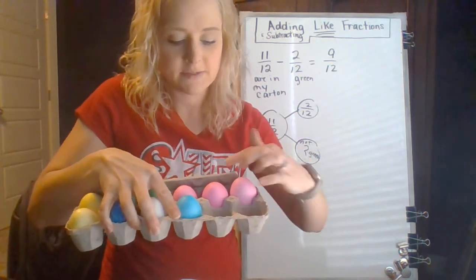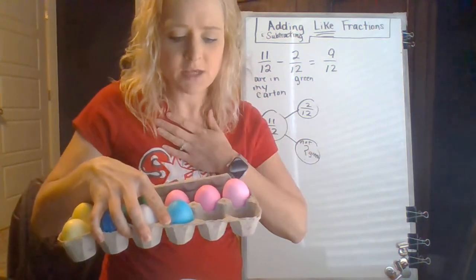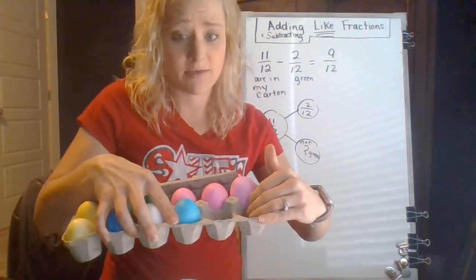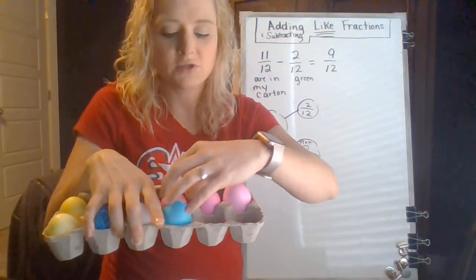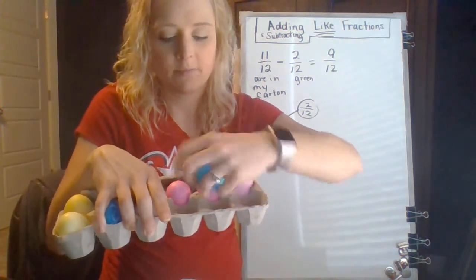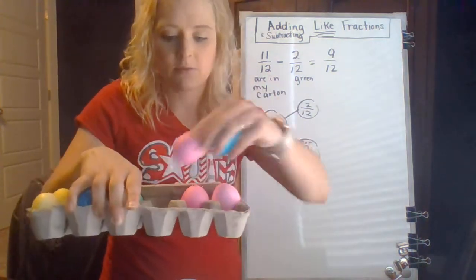Okay, so I have 6 equal parts, and I start with 4 eggs there. So 4/6. So I'm not even starting out with a whole half carton of eggs, right? And I remove 2/6. How many sixths are left? It's going to be 2/6, right?